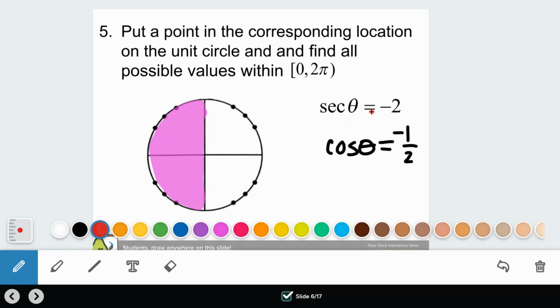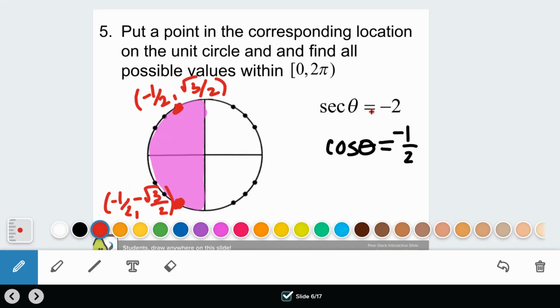So I'm going to be up at this point here and down at this point here. Now the coordinates of that, the top one here is going to be (-1/2, √3/2). The bottom one is going to be (-1/2, -√3/2).